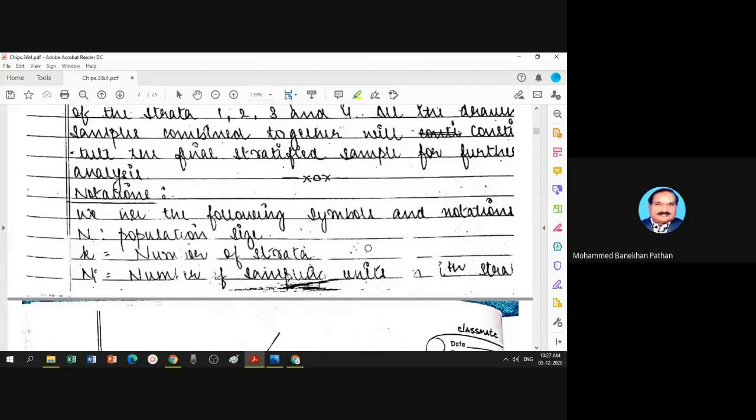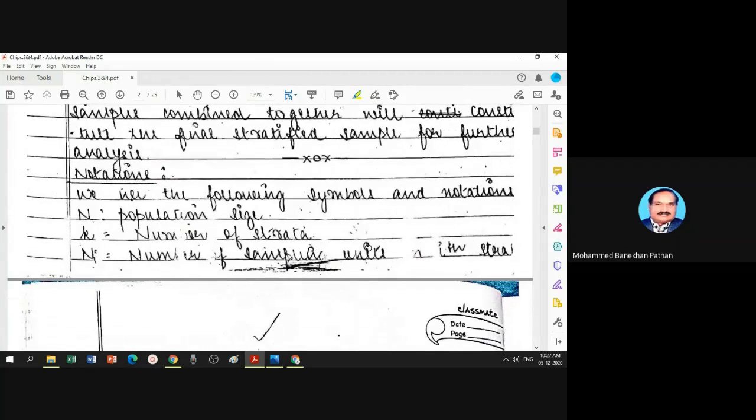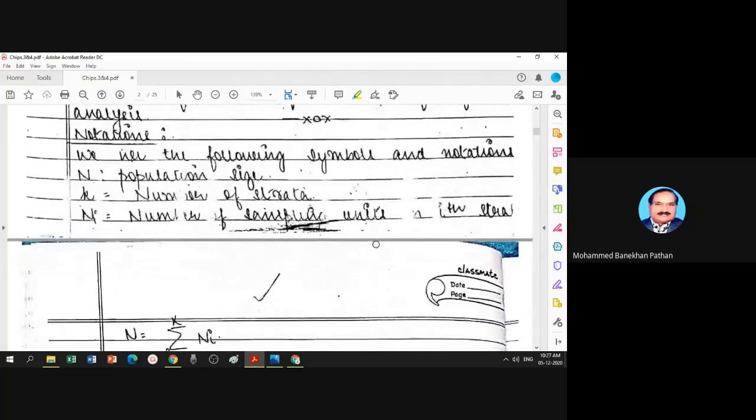To study stratified random sampling, we require some notations. Let us see what are the notations for stratified random sampling. Capital N stands for complete population size. K indicates number of strata, number of subpopulations, number of subgroups.